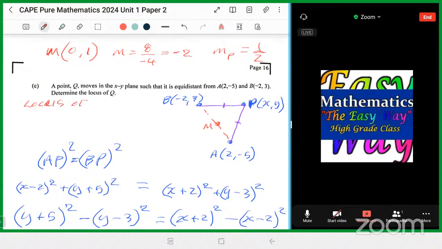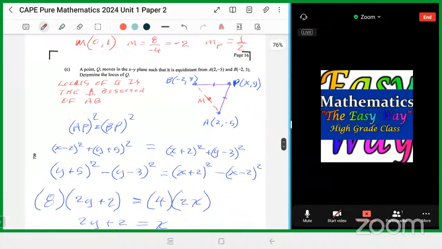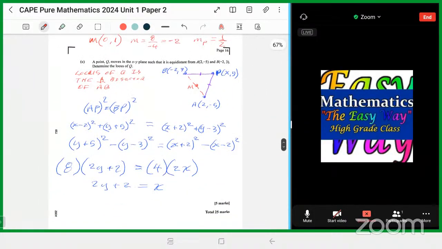The locus of Q is the perpendicular bisector of AB. Let me shift some of this down, and leave that solution in here as well.